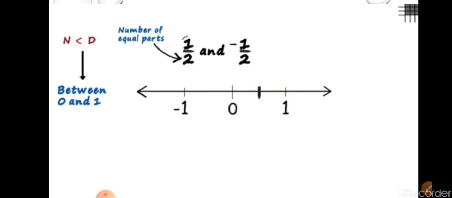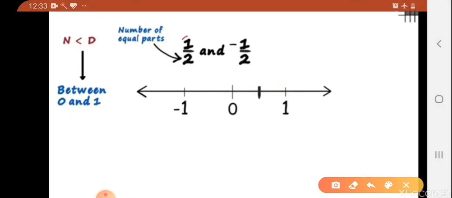Now the first one is 1 upon 2 that we are making. It is a proper fraction, and it is a positive number, so it will lie between 0 and 1, on the right hand side of the number line. Now, the denominator represents the number of equal parts into which it has to be divided.